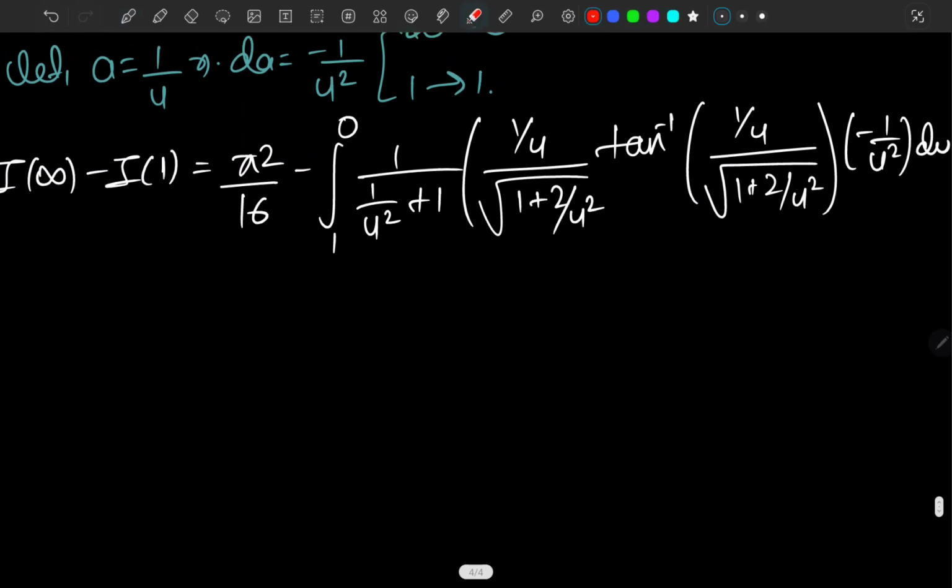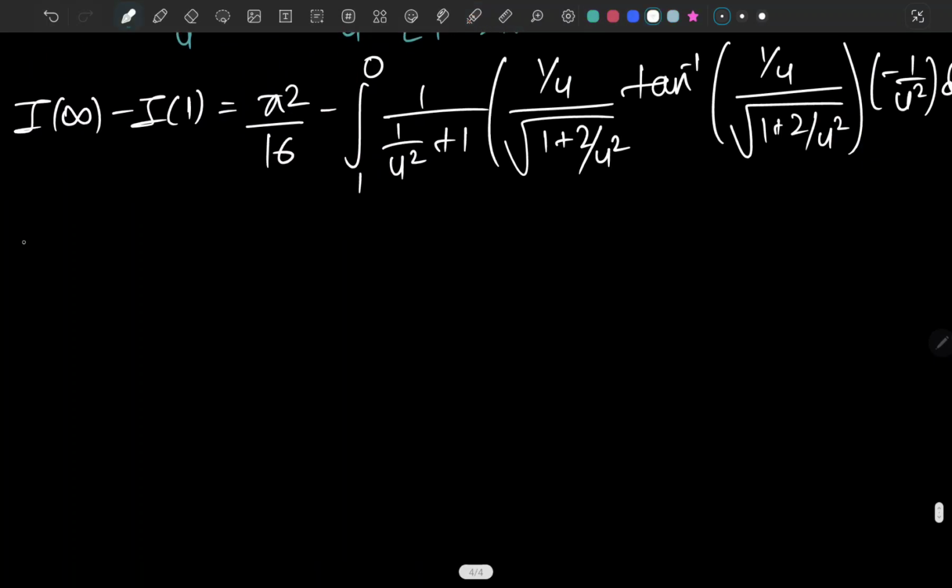And you know what, this minus is going to help us change the limits, to just flip them.